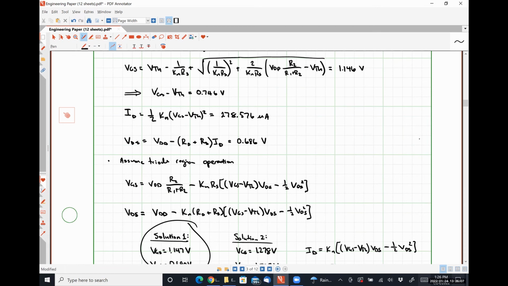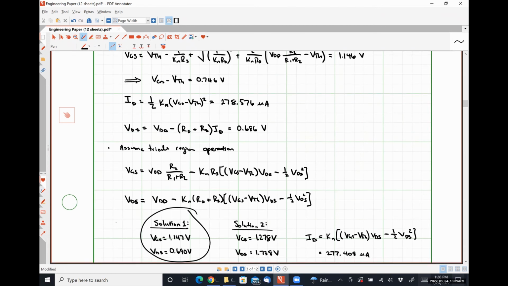In triode, we got two solutions, one of which gives us a VDS value that is less than VGS minus VTH. The other of which gave us a VDS value that was greater than VGS minus VTH. And because triode region operation occurs when VDS is less than VGS minus VTH, we had to go with the smaller value of VDS. And then we were able to use those two values to determine our DC operating point of our circuit.